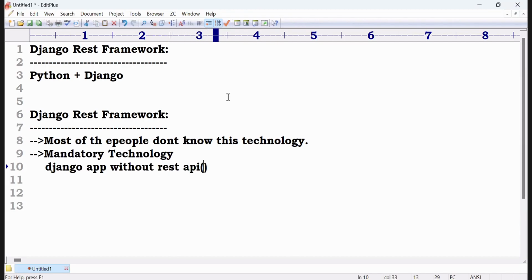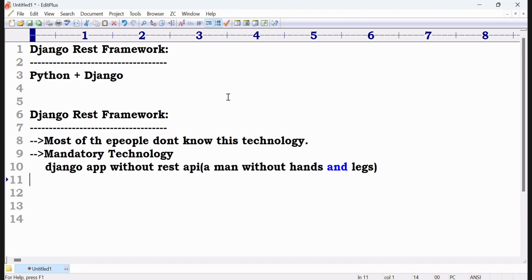You can think a person will be there, a man without hands and legs. With hands and legs, you are more efficient. Suppose you don't have a right hand, only the left hand is there, some problem will be there.